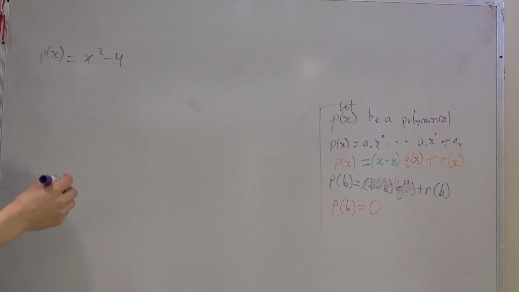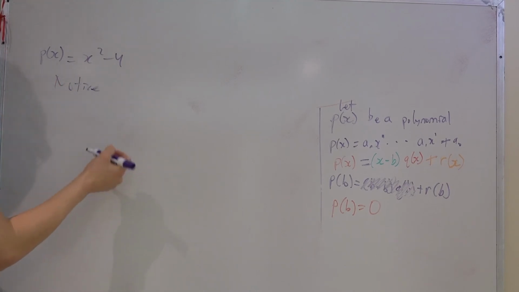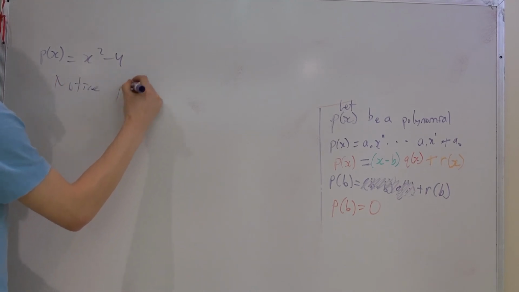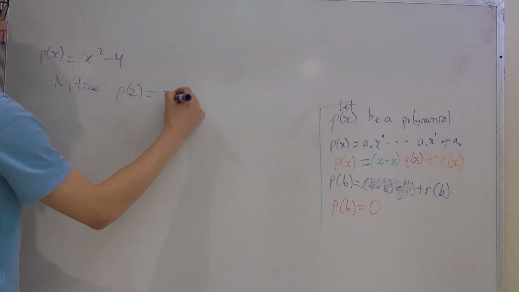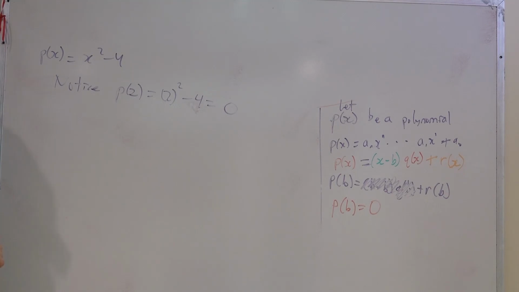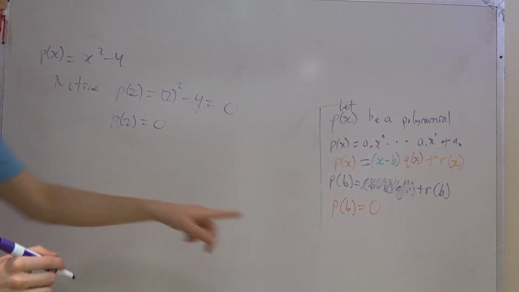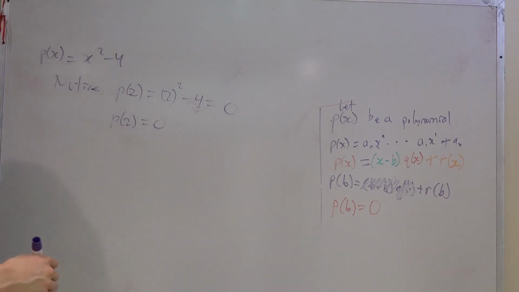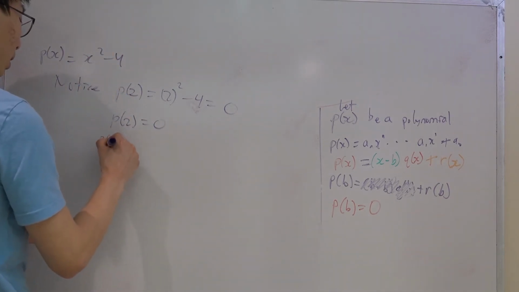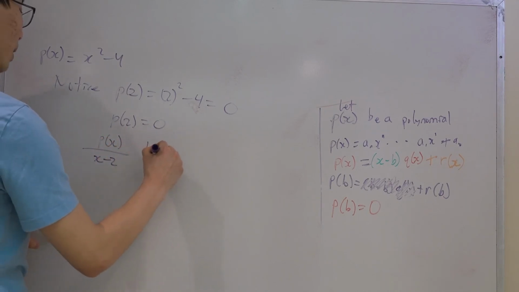So what you notice is that if you put in a 2 into p of x, p of 2 is equal to 2 squared minus 4, which is equal to 0. So that means that p of 2 is equal to 0, and by our remainder theorem, that means that p of x divided by x minus 2 has no remainder.